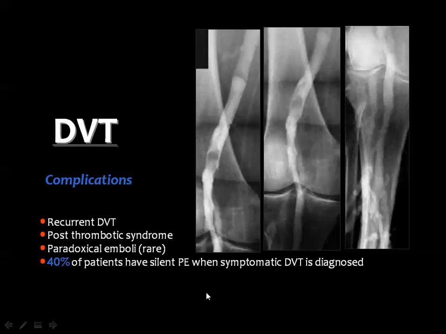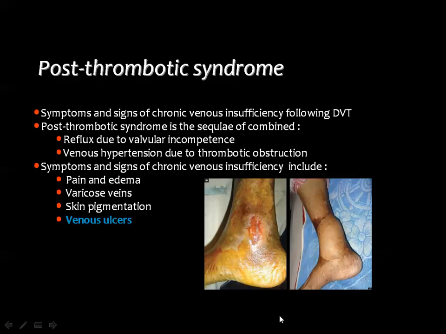The complications of deep vein thrombosis is, of course, the development of paradoxical emboli, and they present with the development of pulmonary embolism and the recurrence of symptoms. And this is an important issue, which is the development of post-thrombotic manifestations, or what we call post-thrombotic syndrome. This syndrome involves the presence of signs and symptoms of chronic venous insufficiency following deep vein thrombosis.